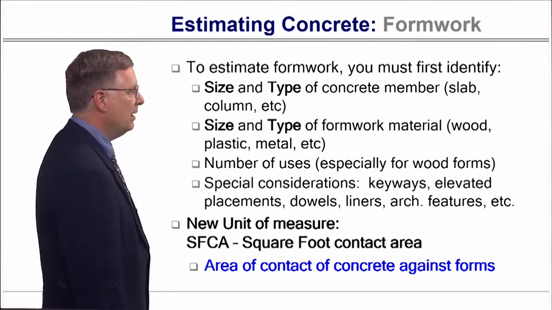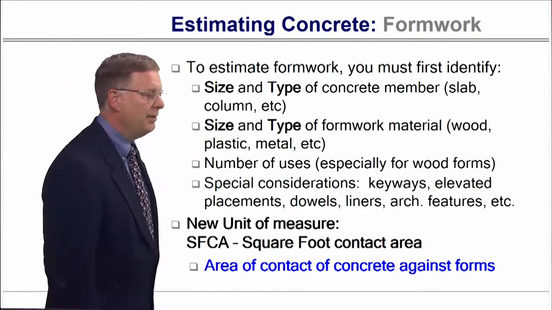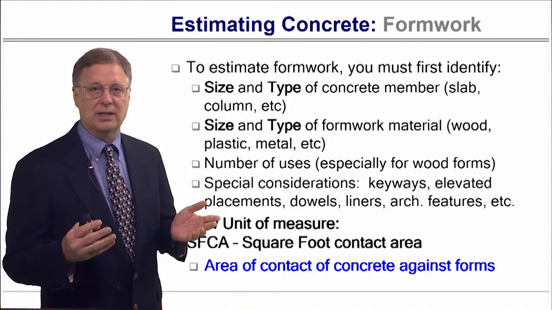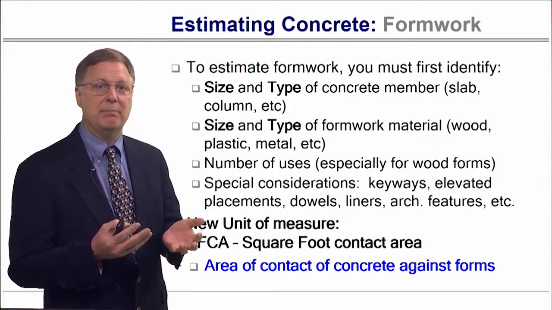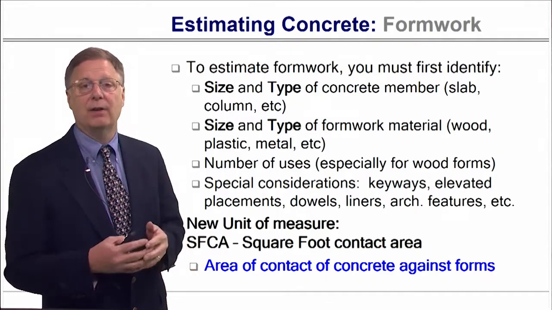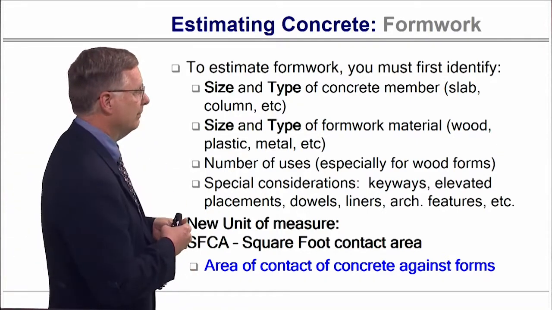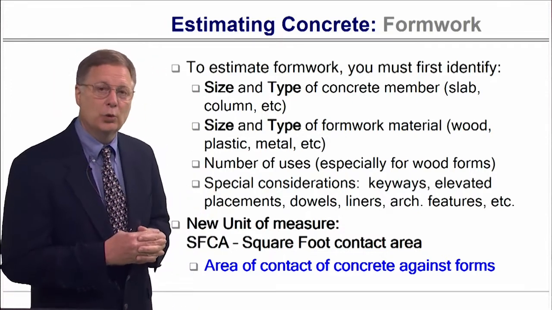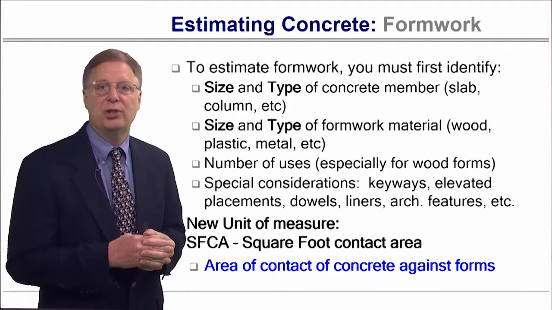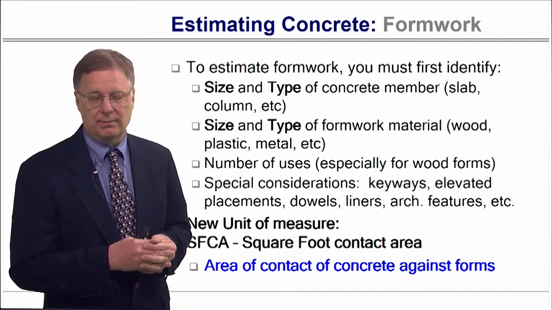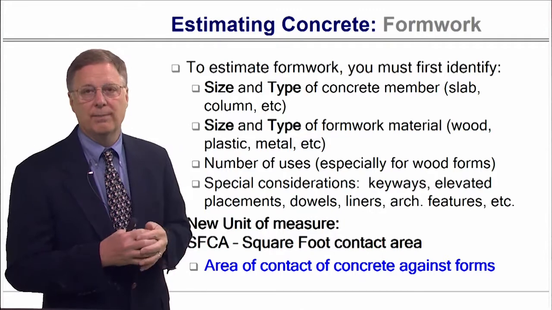So we're going to take a look both with talking about it, and we're also going to use an example. So to estimate the formwork, you've got to first identify the type of member that you're doing, because how you place formwork around a beam or a column is different than how you do a slab or a footing. You also price the type of material. Normally, on most small jobs, you're going to see wood formwork.